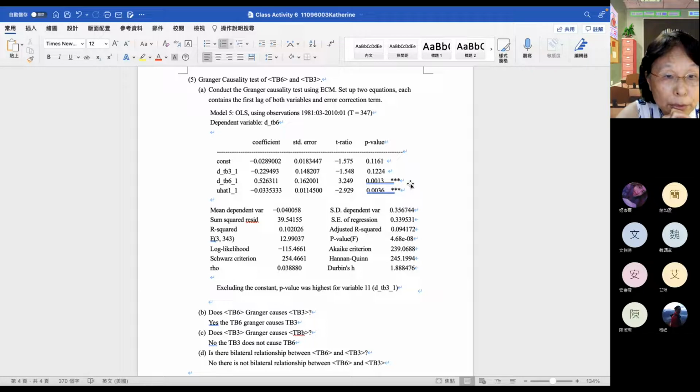Why does TB6 Granger cause TB3? I think, how can I explain it? Where did you see the result? I see. I don't see the result here, right?